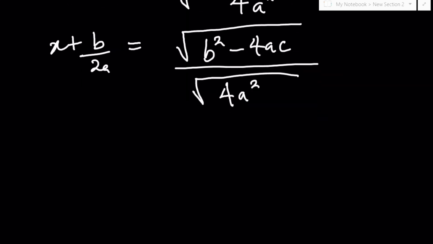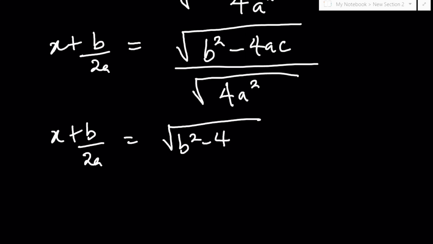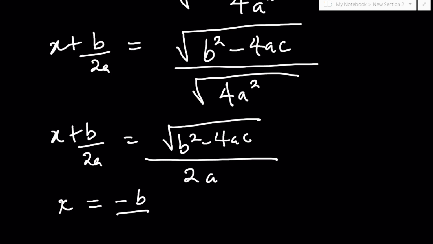So finally, x plus b over 2a is equal to, now we just leave the numerator that way, and let's get the square root of the denominator. The square root of 4 is simply 2, and the square root of a squared is a, so that we have 2a. x is now equal to minus b over 2a.